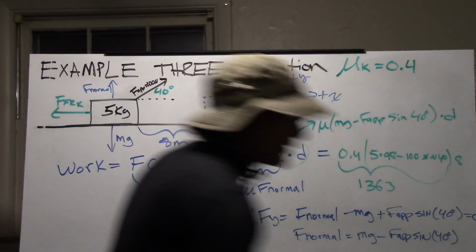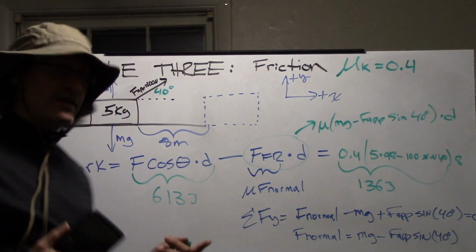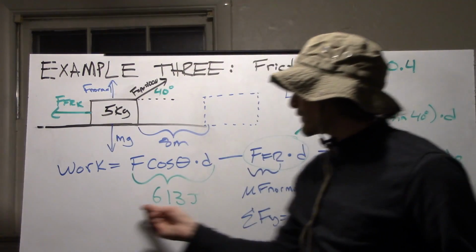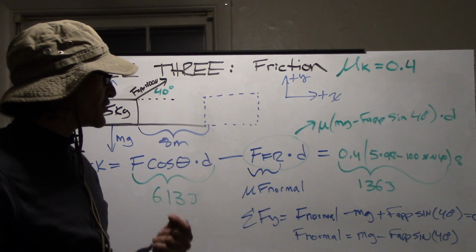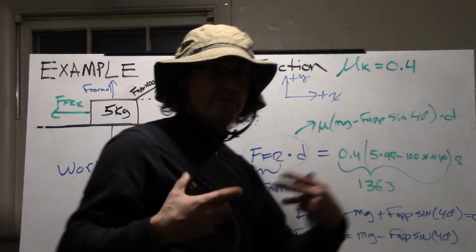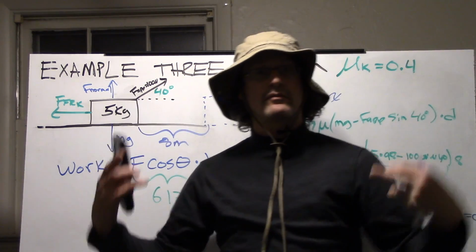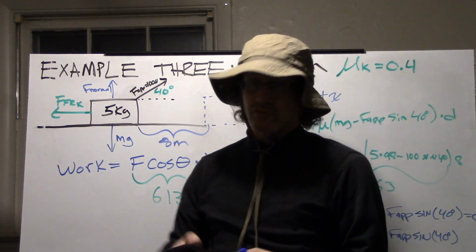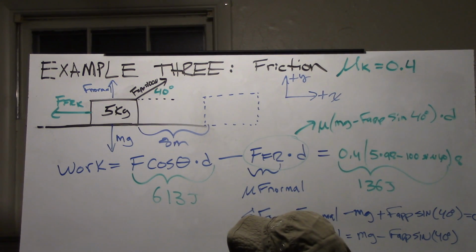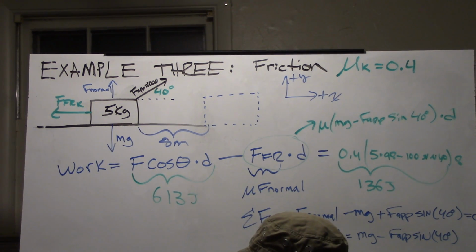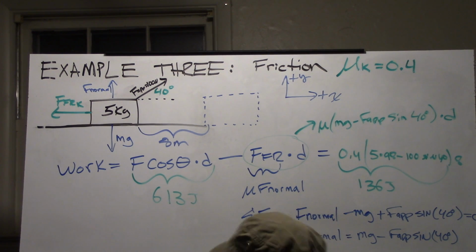It's interesting to note that the positive work done by the force is still the same. Now there's negative work done of 136 joules by friction, and together they give us the work performed on the object, which you can call net work, or just the total work done on the object. And so what is that? 613 minus 136, so about 477.